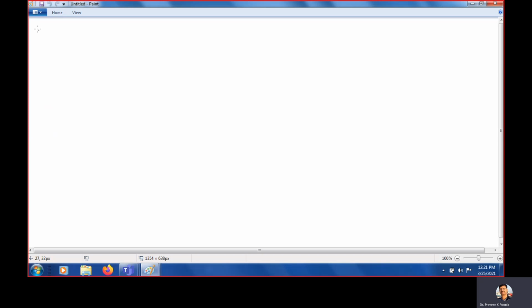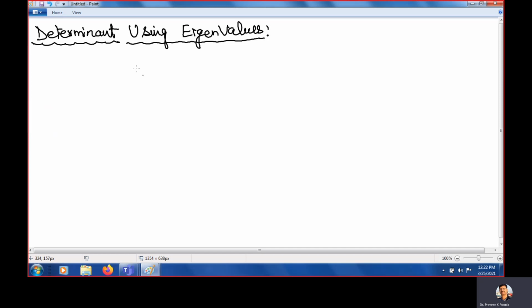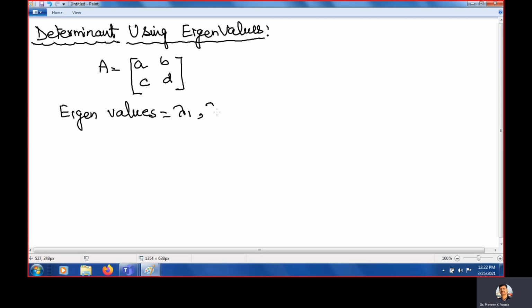Then another important thing we are going to study: determinant using eigenvalues. So please remember, if there is a matrix A, it is a, b, c, d. Clear? And the eigenvalues of this matrix are lambda 1 and lambda 2.